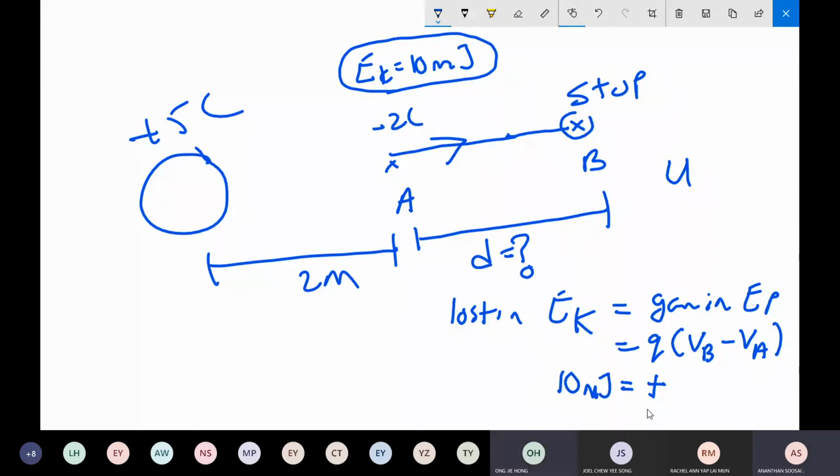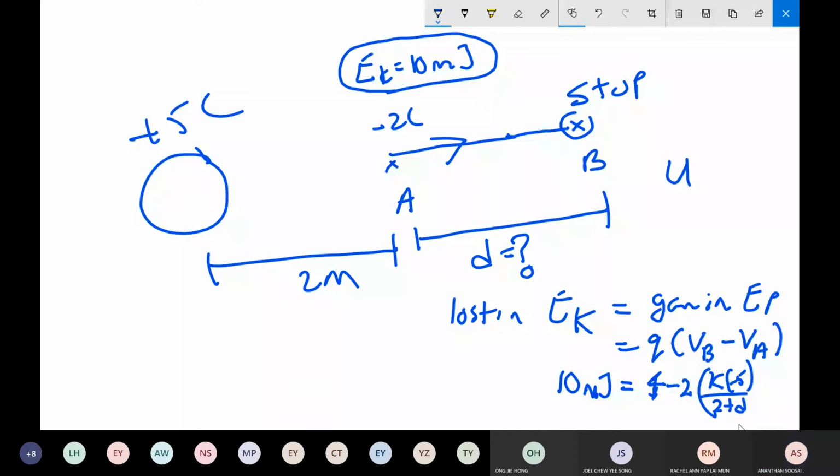We put 10 millijoule equals to Q, the test charge, which is actually negative 2 coulomb, times VB. We don't know VB, but we can put it as K times the positive 5 over R, and R will be 2 plus D.